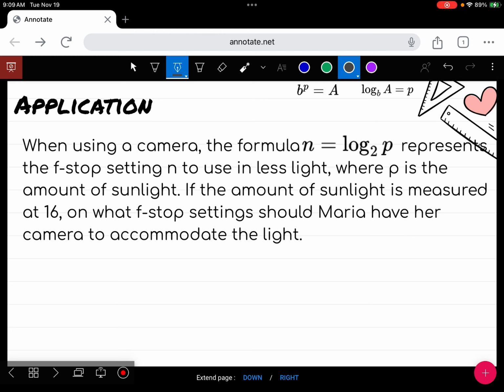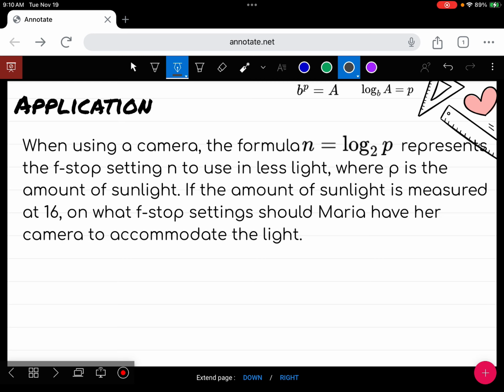So there's a formula that represents the f-stop setting, where P is the measurement of the sunlight, and the N is our f-stop setting. So we want to know what her setting should be if they've measured it as 16.